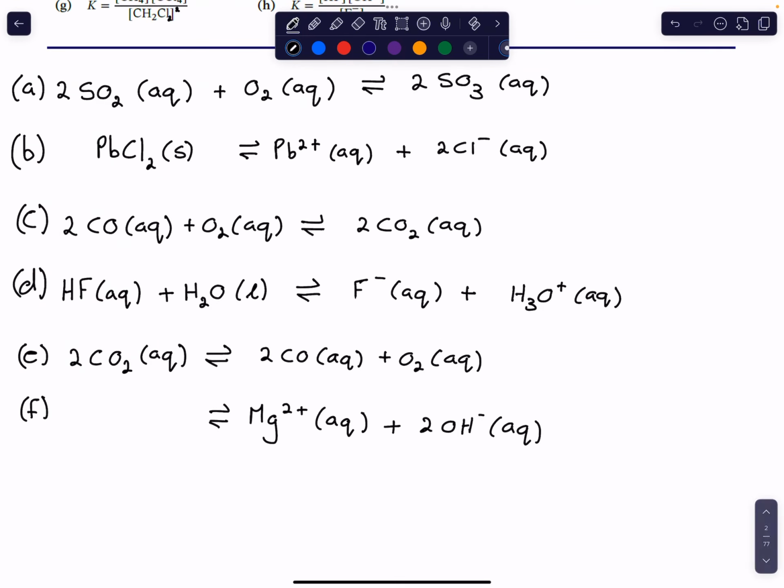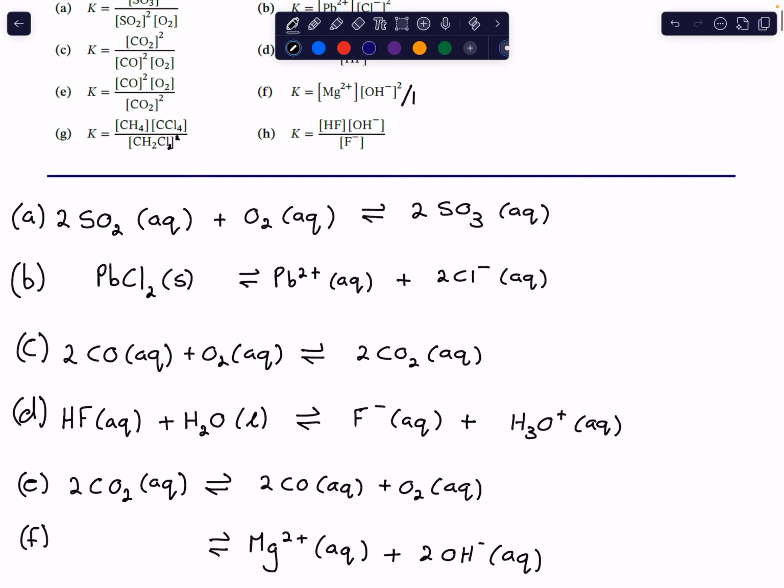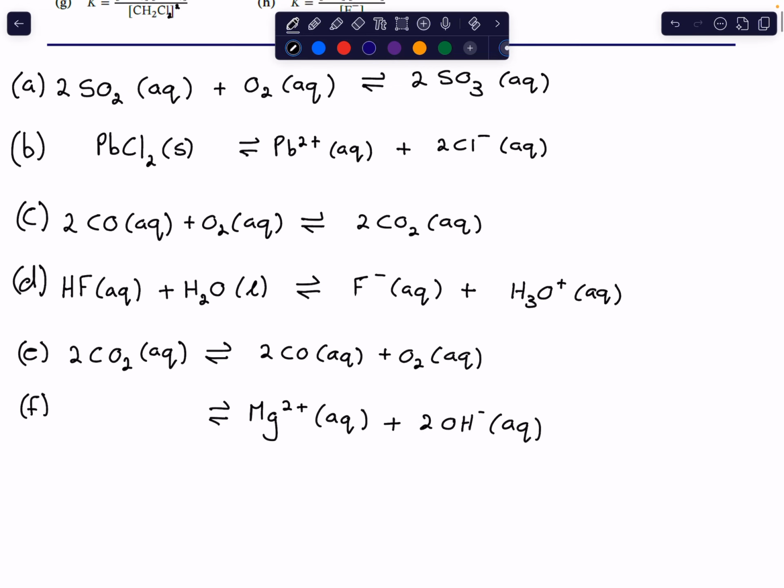So what does that form? Well, again, it's like the lead chloride. It must form a salt, a solid. So a solid salt precipitate that is being slightly dissolved in water to form these two ions.